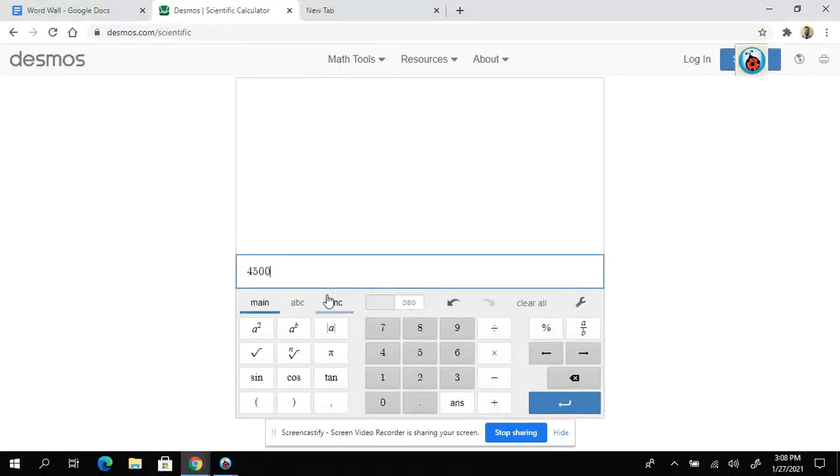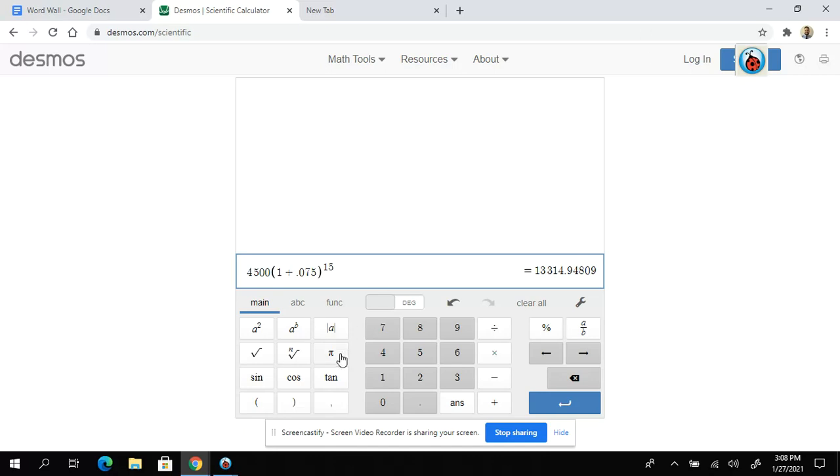So 4,500, open, 1 plus 0.075, close, to the power of 15. We get 13,314, so A equals 13.